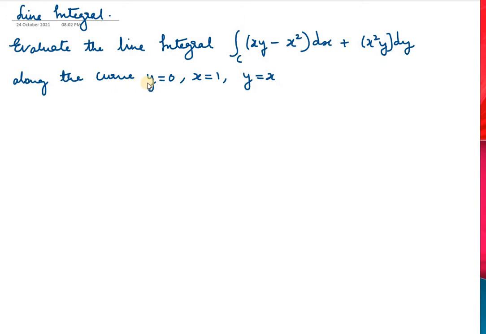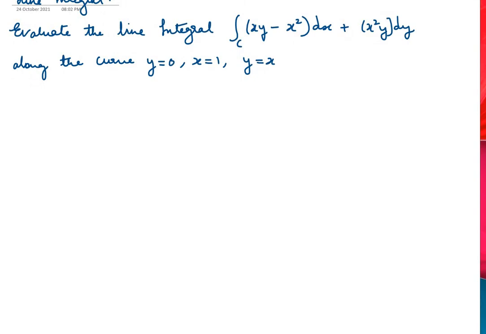So first of all, what you have to do is draw the graph of y is equal to 0, x is equal to 1 and y is equal to x. So let us draw the graph of these three given curves.